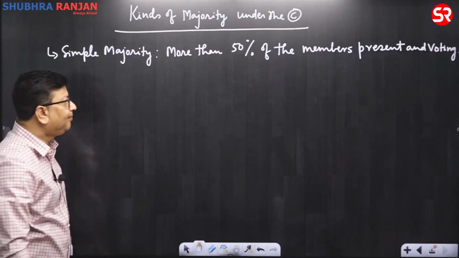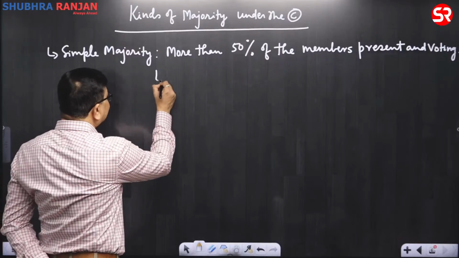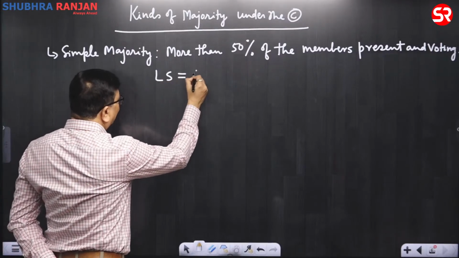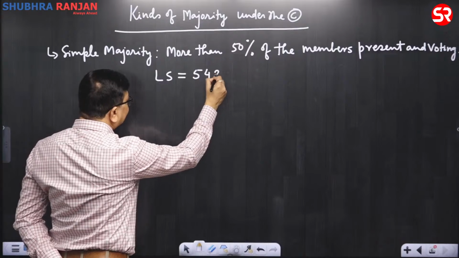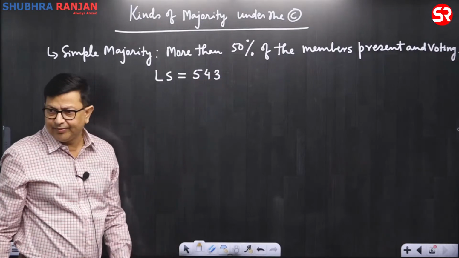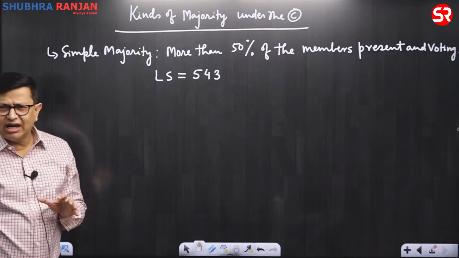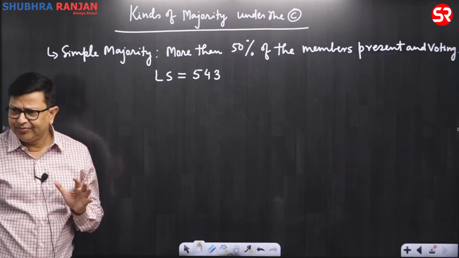For example, suppose in the Lok Sabha, the total strength is 543 members. All the members are not present in the house daily.